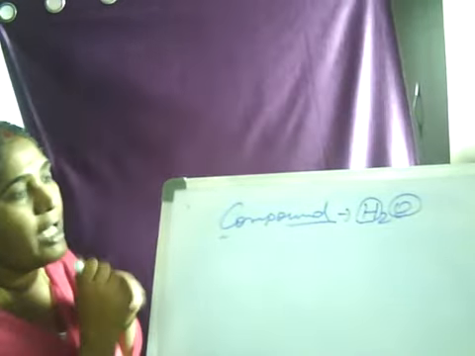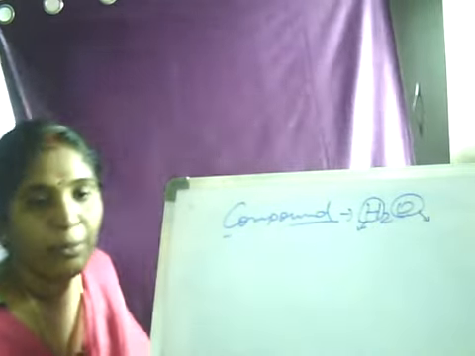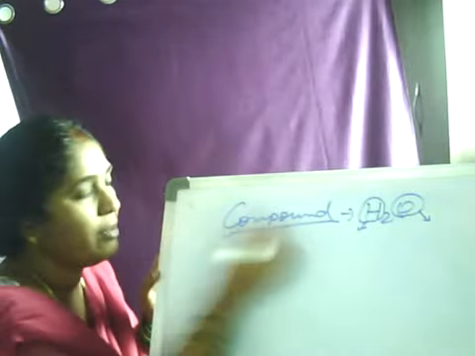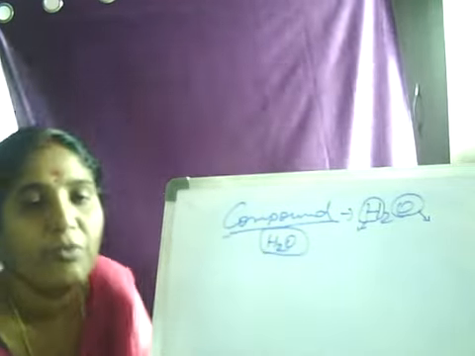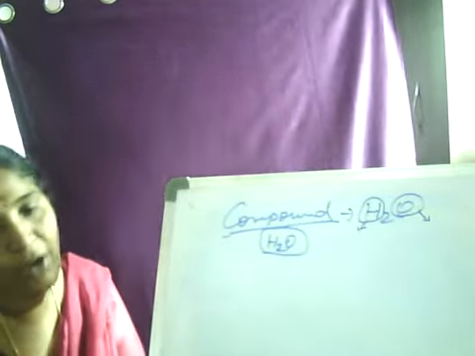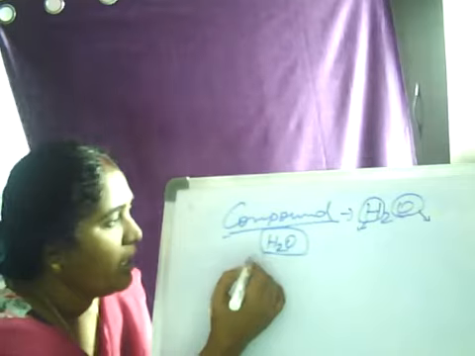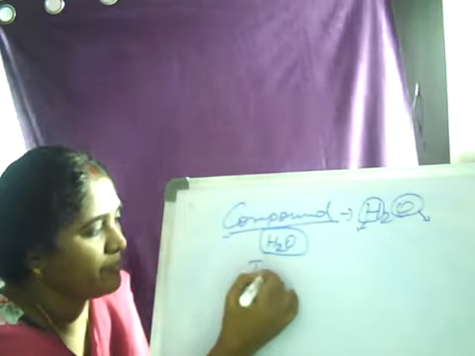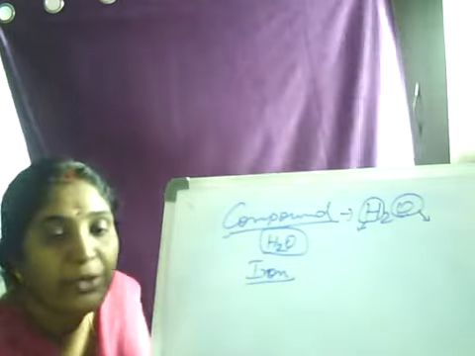Now here what happens? Hydrogen has its own properties, oxygen has its own properties. But when they combine together to form a compound, they develop the properties of water. They exhibit the properties of water. Now, understood about a compound? Fine. Another example I give you. Where we are discussing the properties, you take iron.